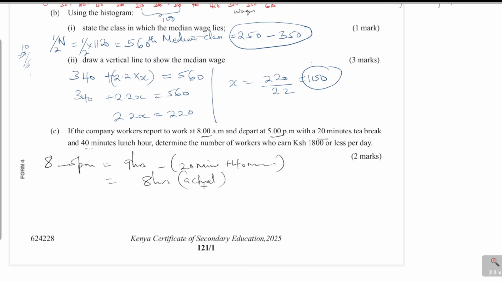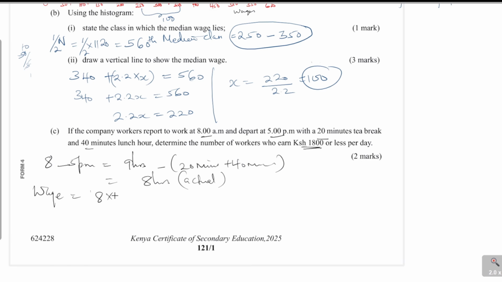So now, you're required to determine the number of workers who earn 1,800 or less per day. Remember, the wage is paid per hour. So the daily wage will be given by the number of hours worked, which is 8, times the hourly payment.